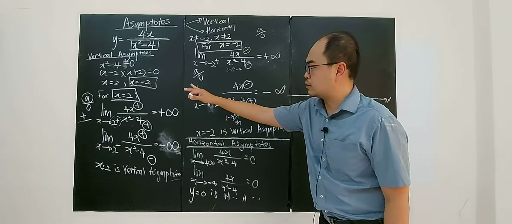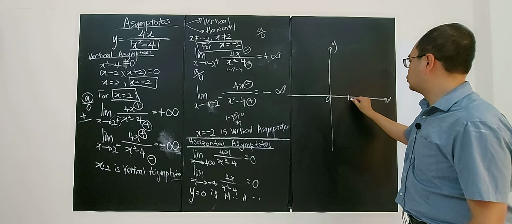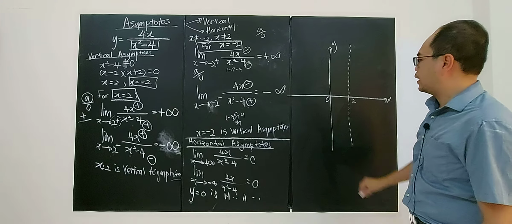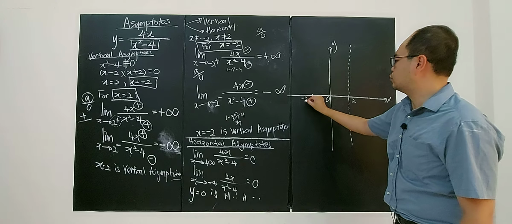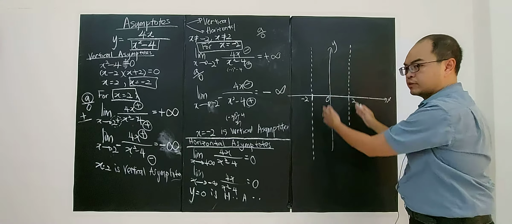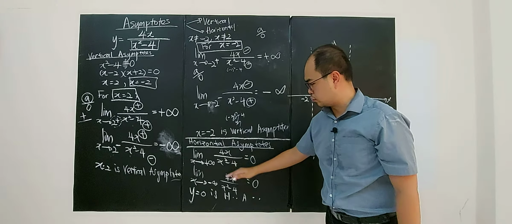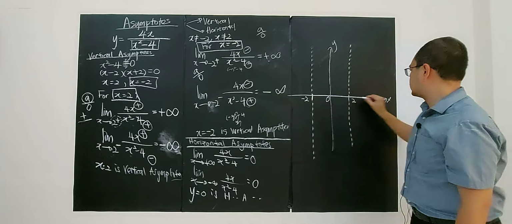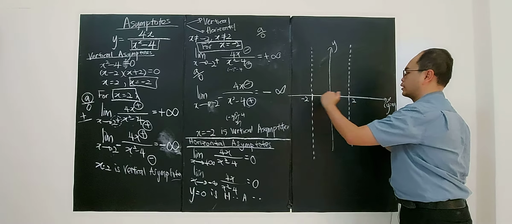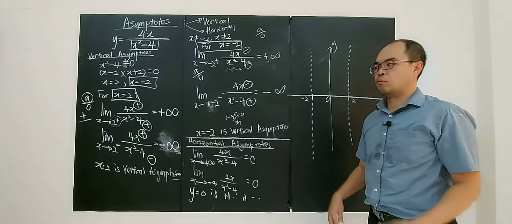You have 2 and negative 2: 2 is a vertical asymptote, and negative 2 also is a vertical asymptote. Now the horizontal asymptote, from the limit, is y equals 0, the x-axis. This is the asymptote.